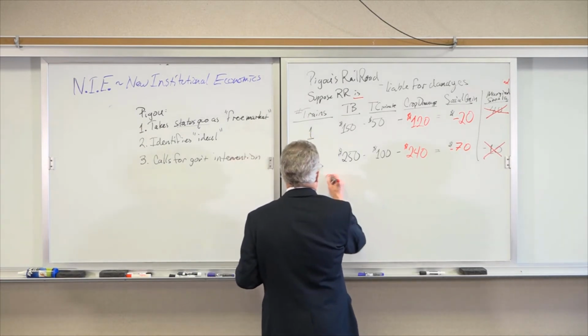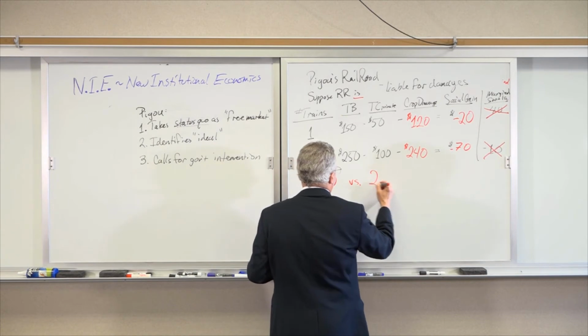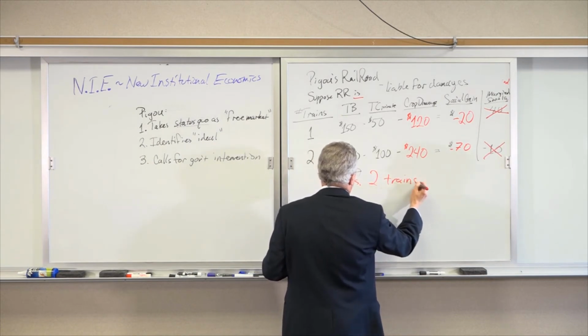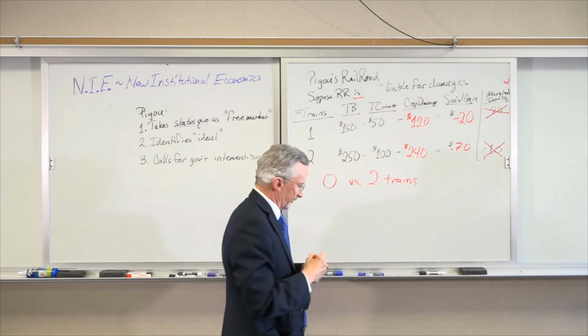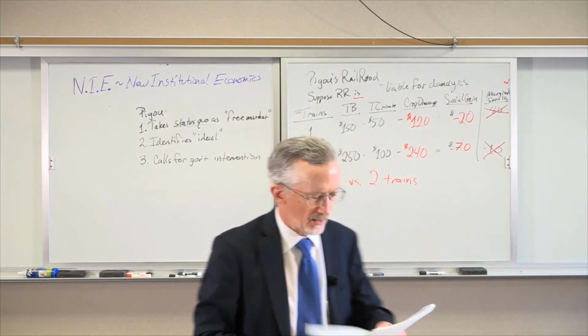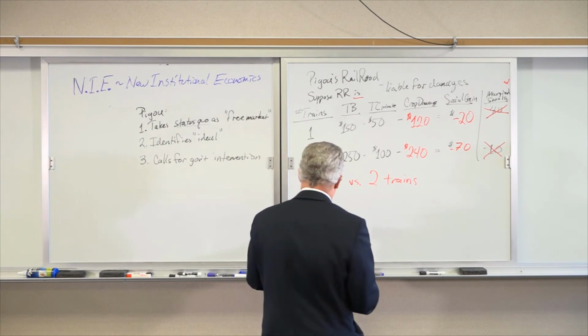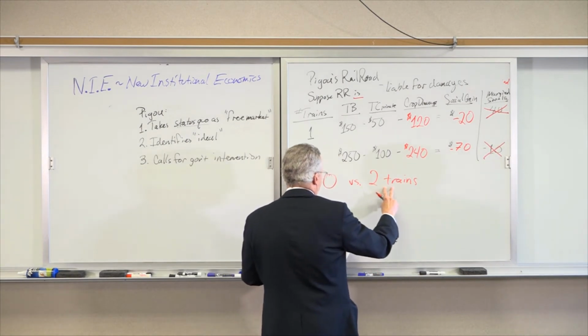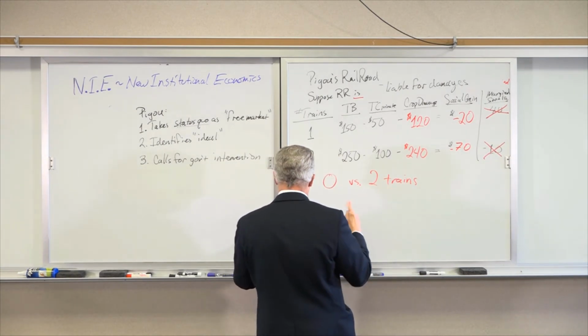And so we have to compare 0 versus 2 trains, the real world alternatives, if these are the examples that hold. And it's pretty clear then, says Coase, that 2 trains, where farmers plant less, will be better.